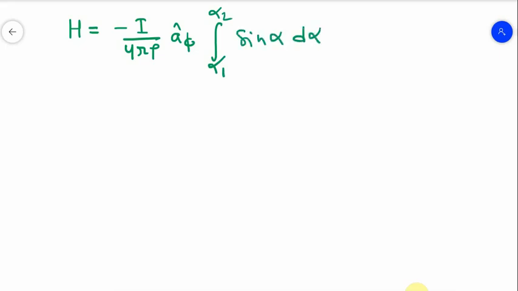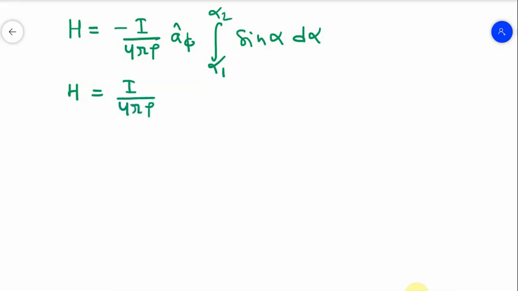H will be now minus I upon 4 pi rho a phi, and within the integration it will be alpha 1 to alpha 2, and this is sine alpha d alpha. Okay, so we can write it like this: I upon 4 pi rho.